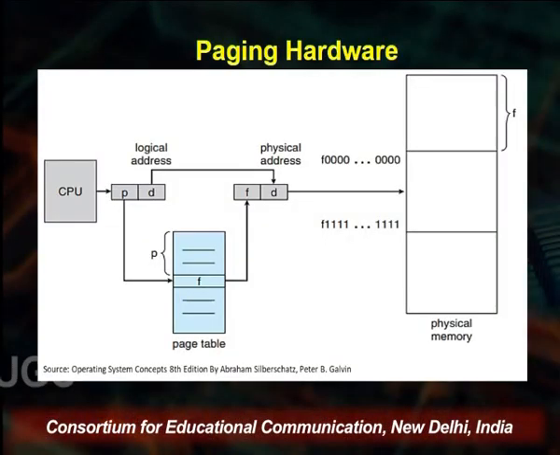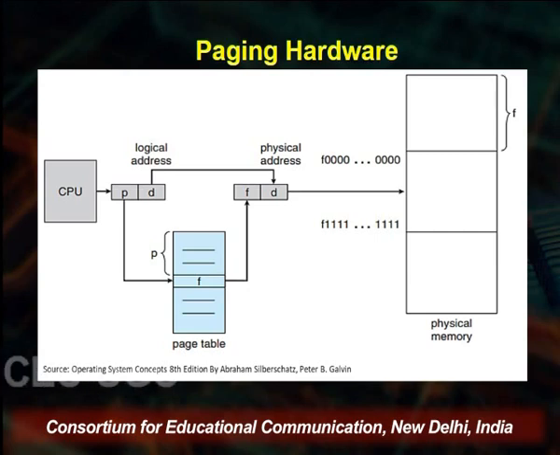Now let us take a look at this paging mechanism with the help of a figure. So here we have one logical address which has two items in it. One is the page number P, and the other one is D, which is the offset.